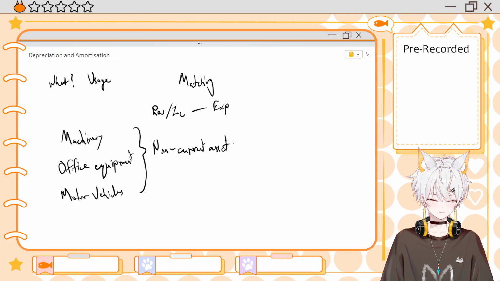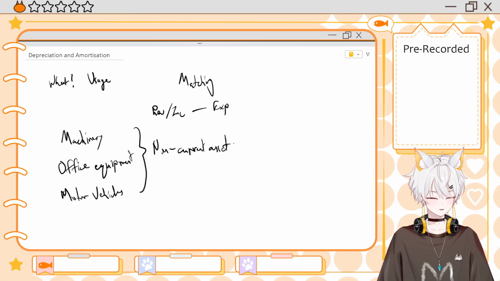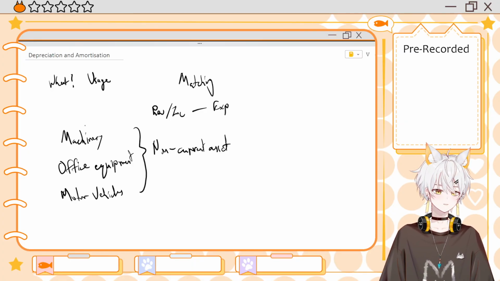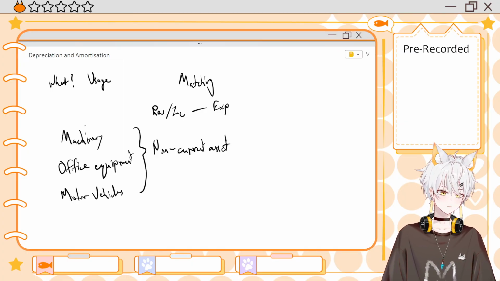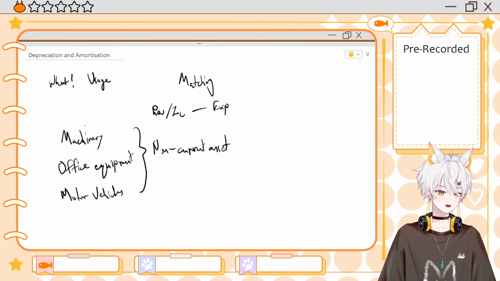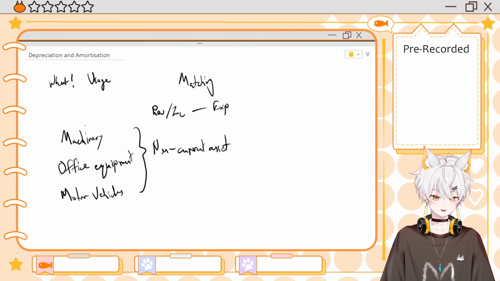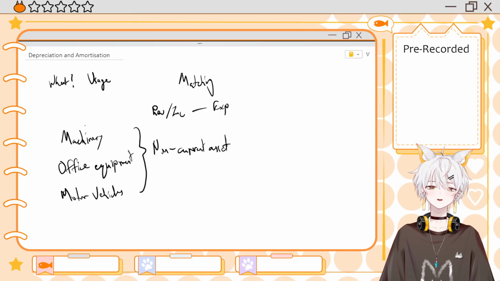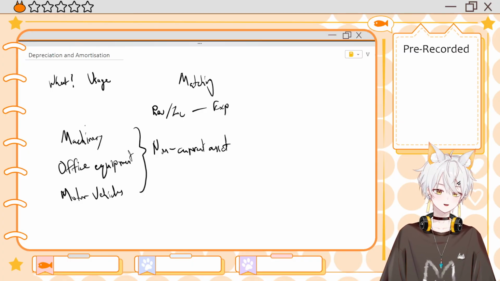So what do we do with non-current assets? For machinery, it is the most clear example. Why? Because you use machinery to produce items. For example, in your factory, say you're making plastic bottles, and you have a machine, a mold that is specifically designed to make just that kind of plastic bottle.